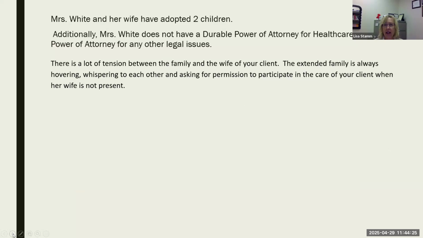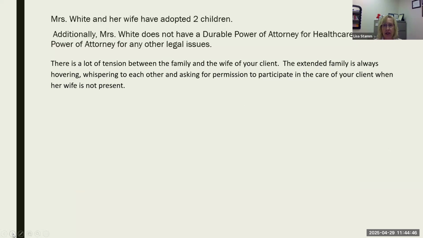So Mrs. White and her wife have adopted 2 children. Additionally, Mrs. White does not have a durable power of attorney for health care or a power of attorney for any other legal issues. So what does that say to you? The fact that she does not have a power of attorney for health care.